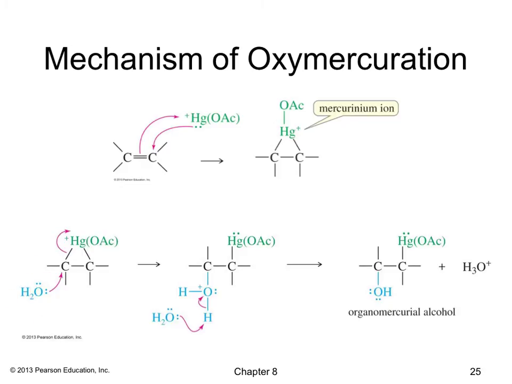Then the water, as your nucleophile, will attack the most hindered side, break open that ring, so that you generate the OH2+, and now the HgOAc is on the least hindered side. And then you have water coming and plucking off that extra hydrogen so that you make the alcohol. And now you still have the HgOAc on the other carbon.